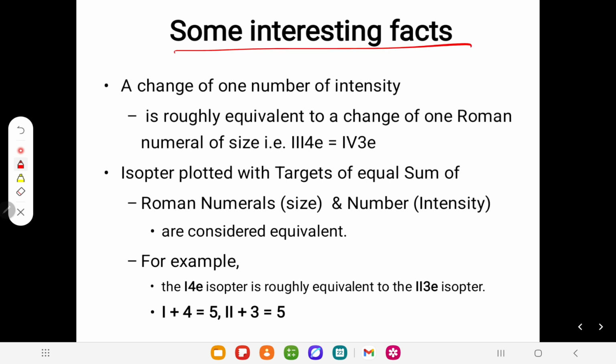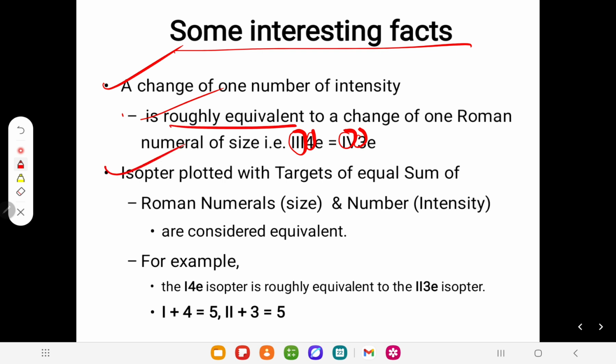Some interesting facts about this: a change of one number of intensity is roughly equivalent to a change of one Roman numeral of the size. Basically, if we increase size from 3 to 4, we have to decrease intensity from 4 to 3. It's not exactly equivalent, but roughly you understand this.